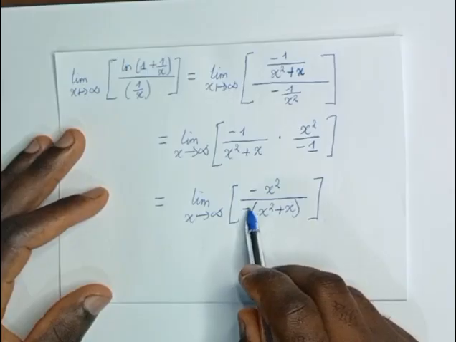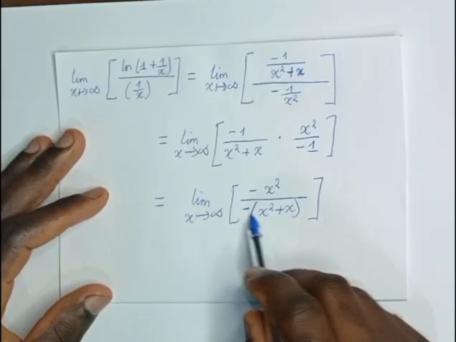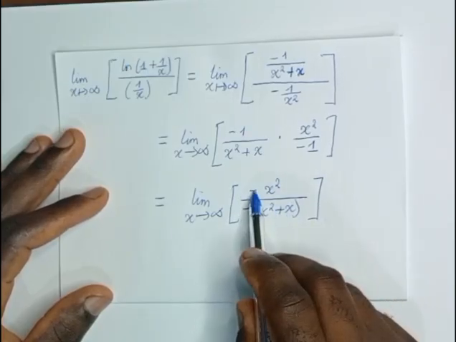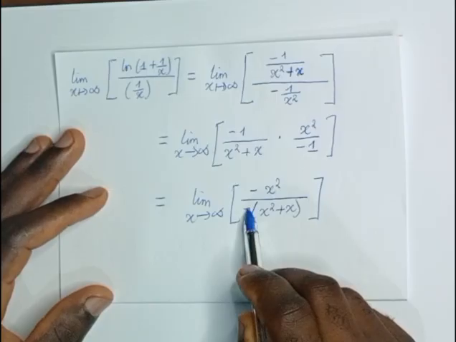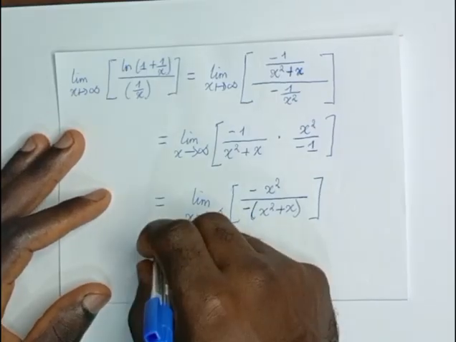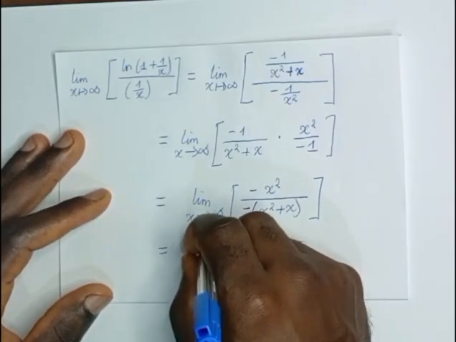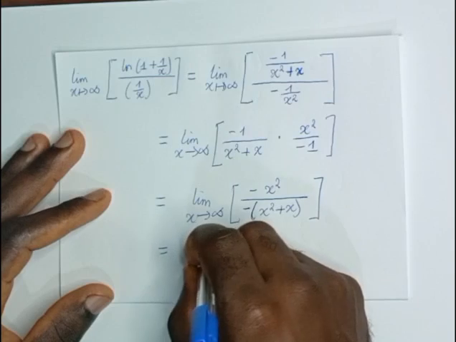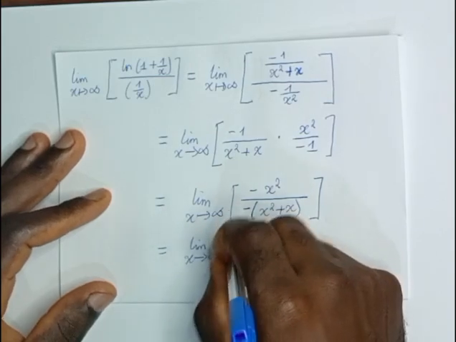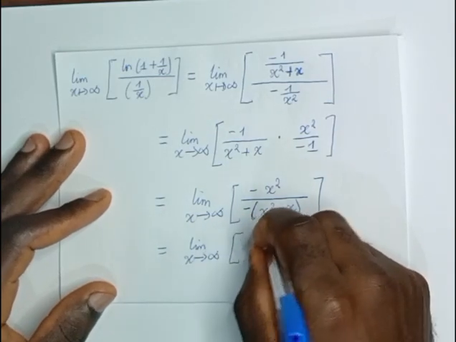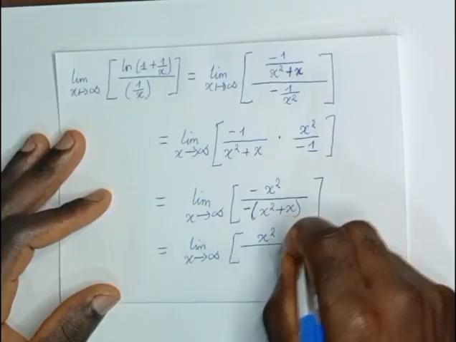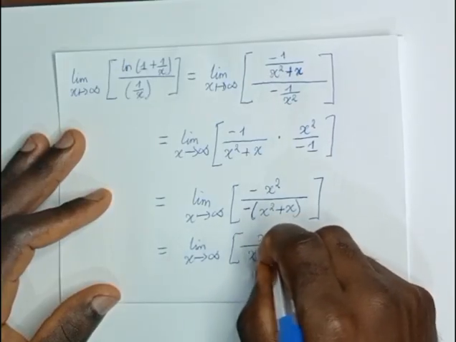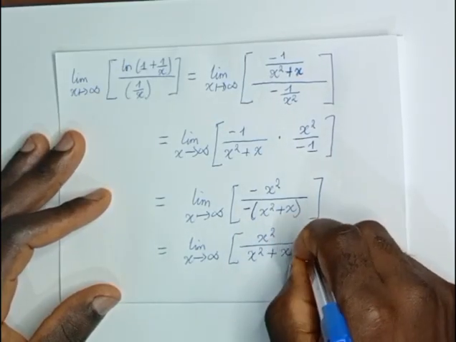Negative x squared divided by negative x squared plus x, you see that the negatives will cancel off. This will give us the limit as x tends to infinity of x squared all over x squared plus x.